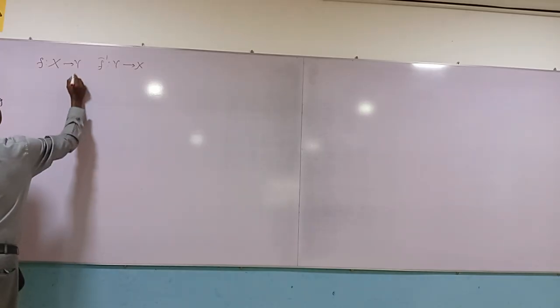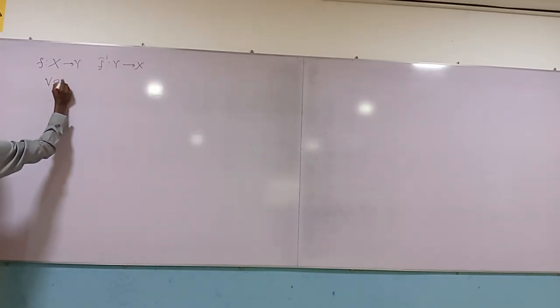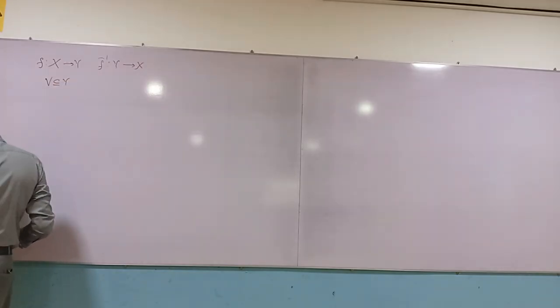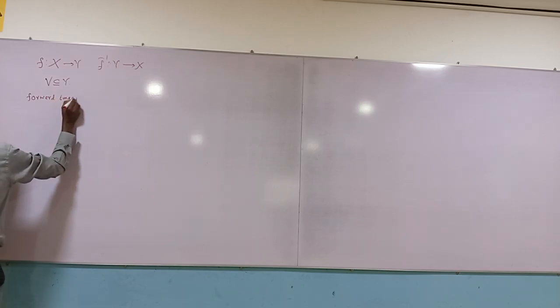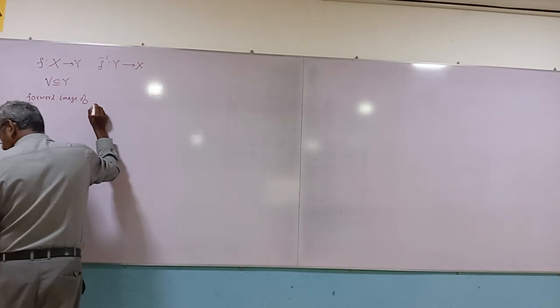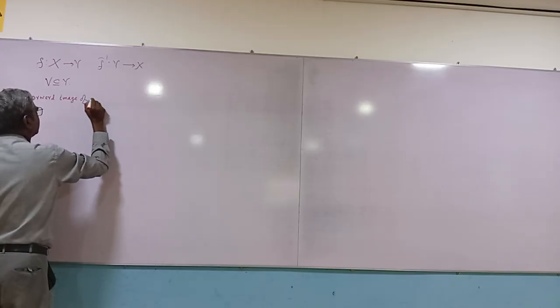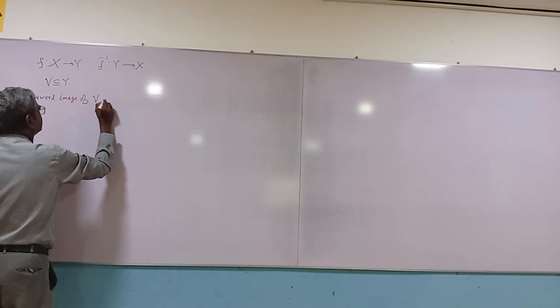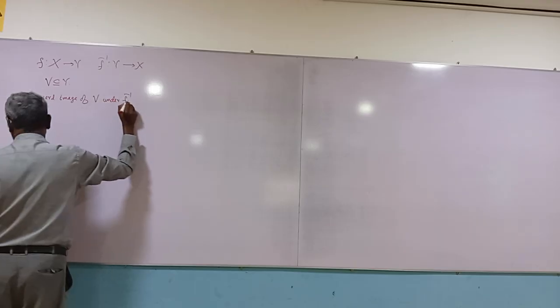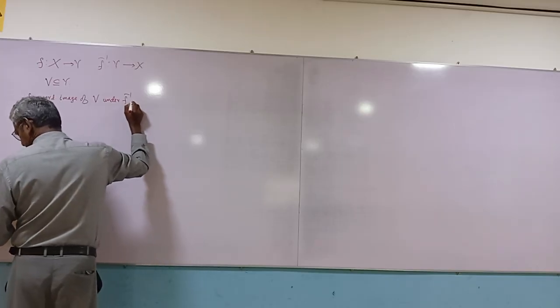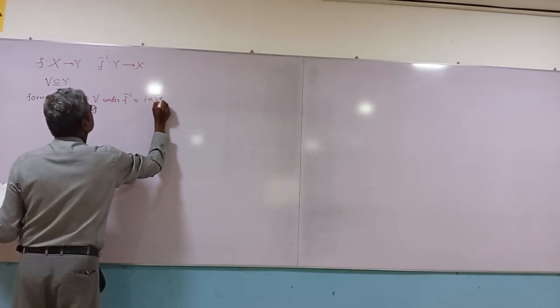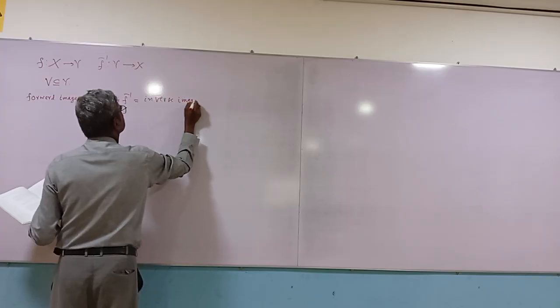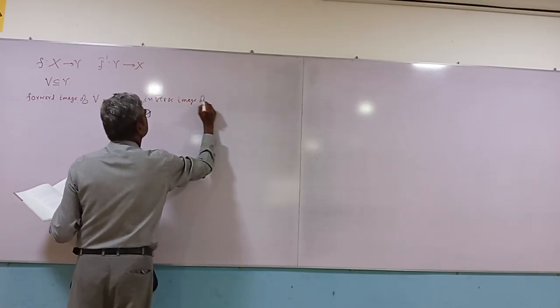Let V be any subset of Y. Prove that the forward image of V under f inverse is equal to the inverse image of V under f.